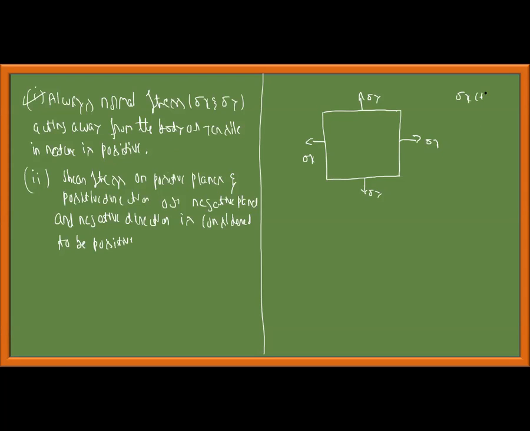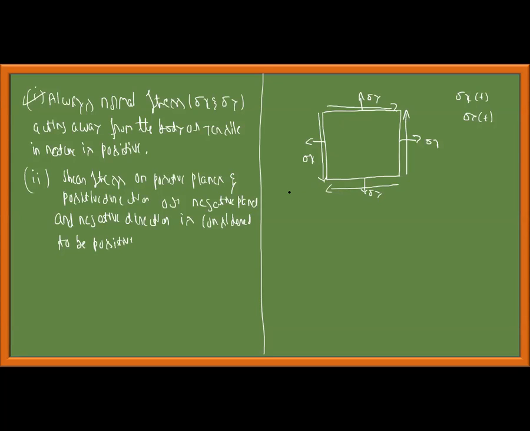Sigma x is positive, sigma y is positive. Okay. Next, coming to shear stress on positive planes. If there is shear stress like this, then in the opposite surface, you should draw an opposite arrow, and this arrow should meet here, and this arrow should meet here.